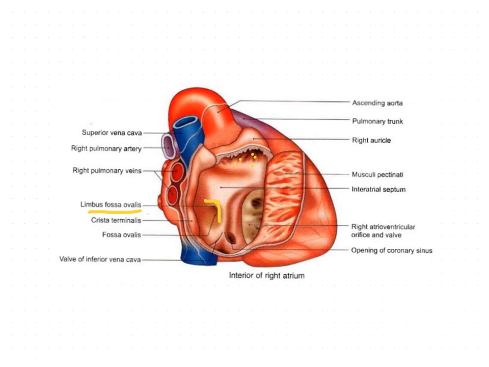Its anterior edge is continuous with the left end of the valve of the inferior vena cava. The remains of the foramen ovale are occasionally present.